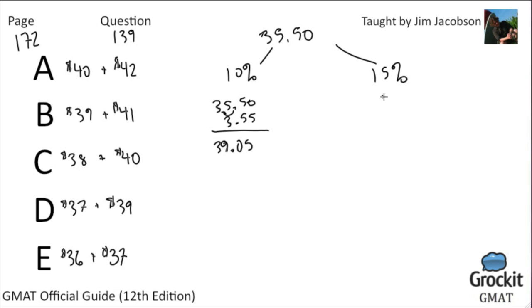So then we have to do the same thing over here with our 15%. 35.50 and 15%. I actually had to multiply this one out because I couldn't do it in my head. 35.50 with a 1.15 increase, you get big numbers.